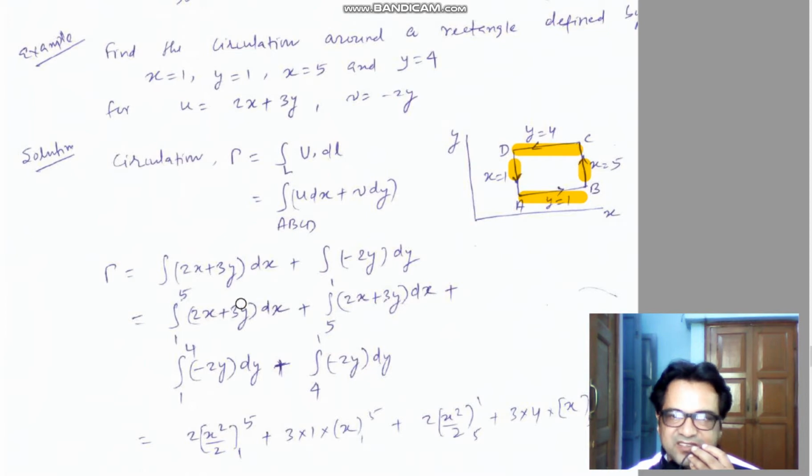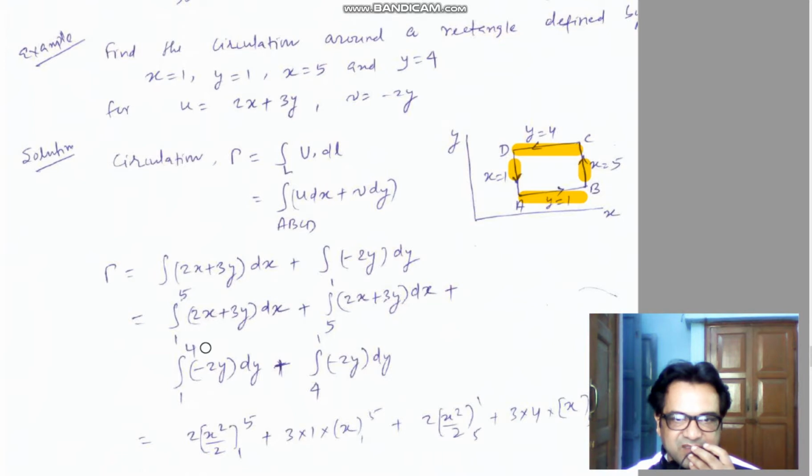So two integrations along the x lines plus two integrations along the y curves. For this line y varies from 1 to 4, and for this line y varies from 4 to 1. So minus 2y dy from 1 to 4 and minus 2y dy from 4 to 1.